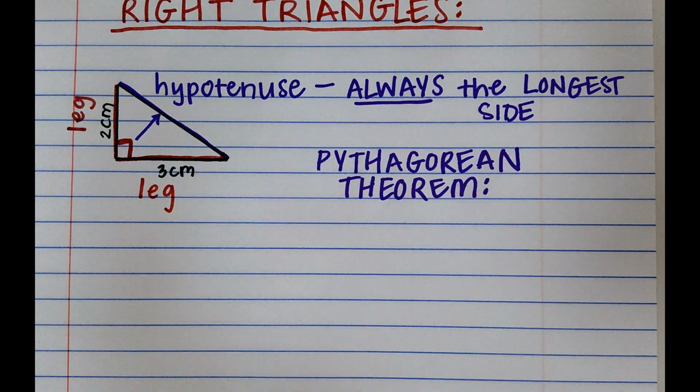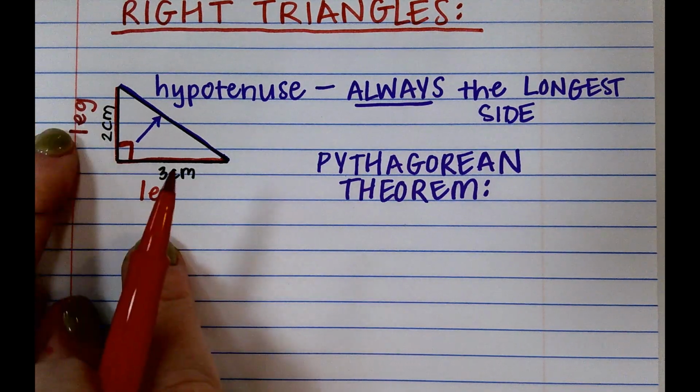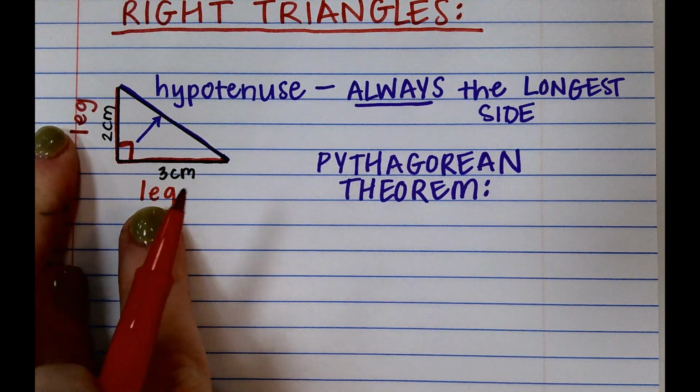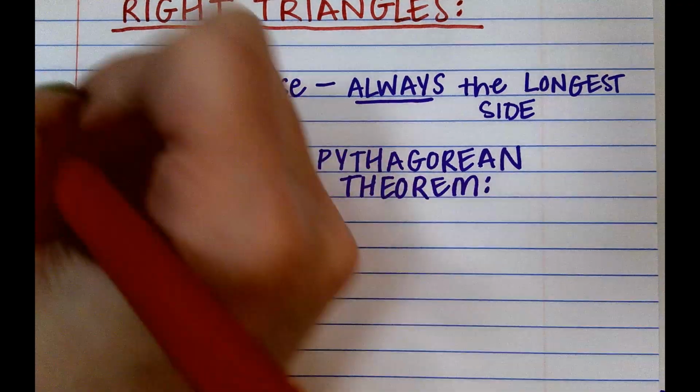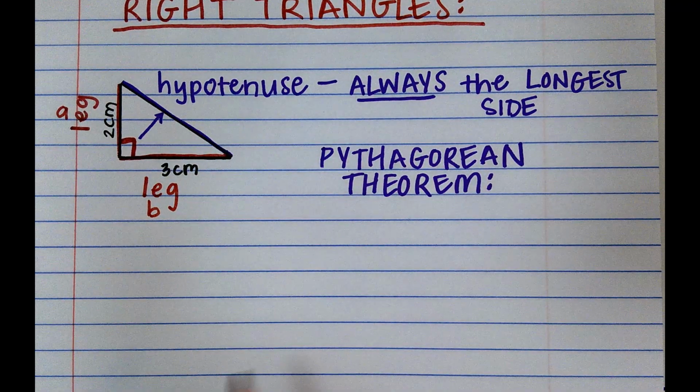And that theorem is, we call the legs A and B. So I'll put an A next to this leg, a B next to that leg.